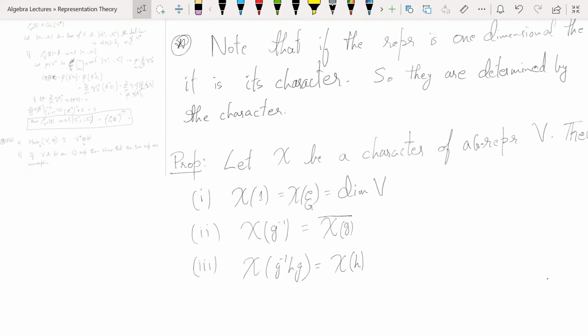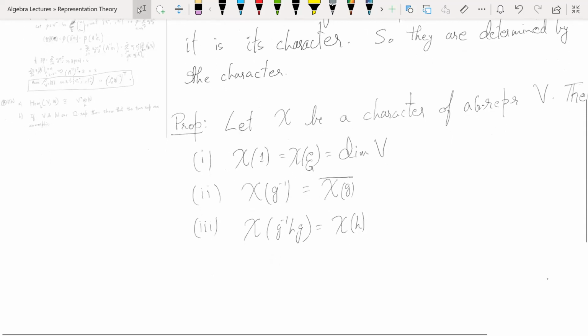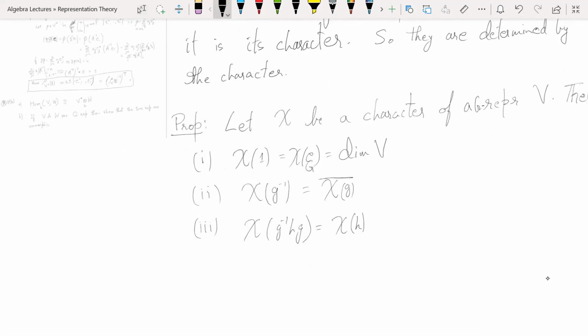In other words, the character is a class function, which basically means that on each conjugacy class, it's constant.